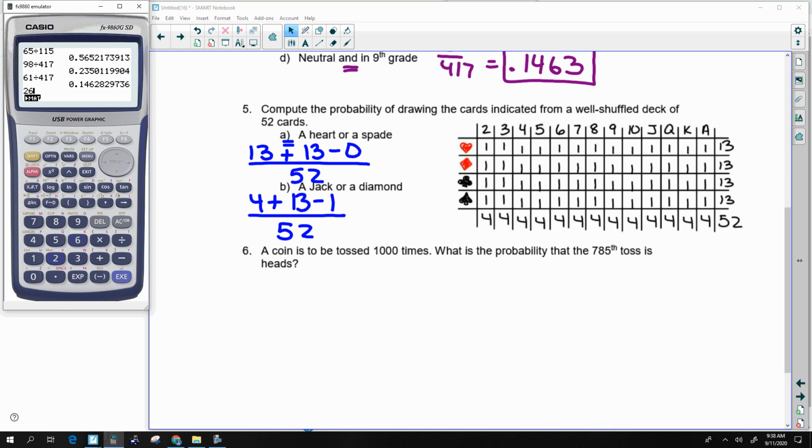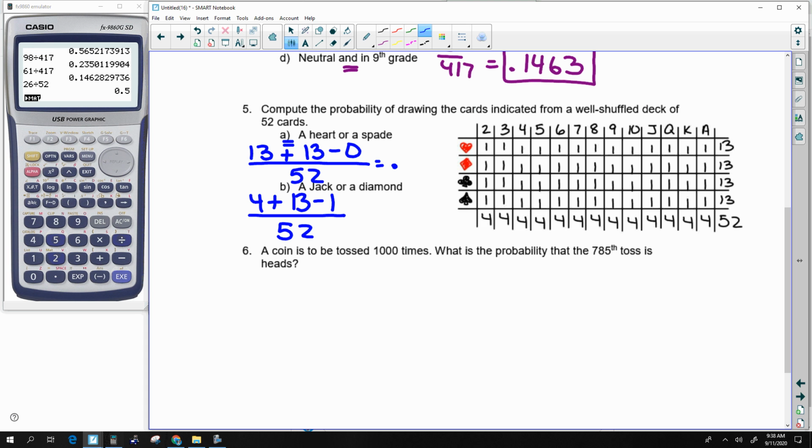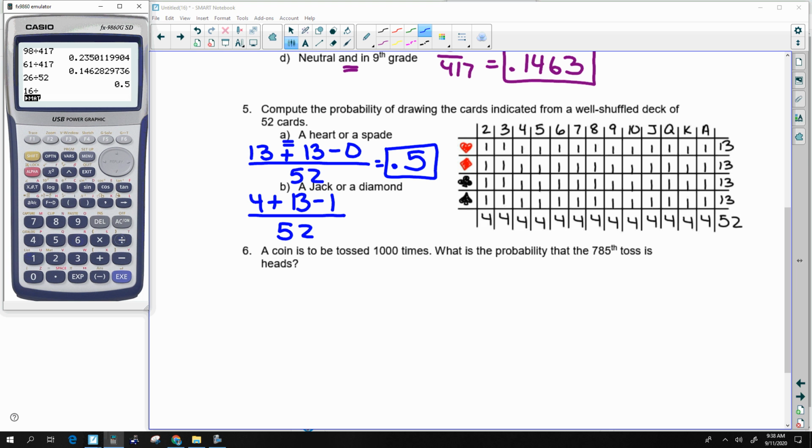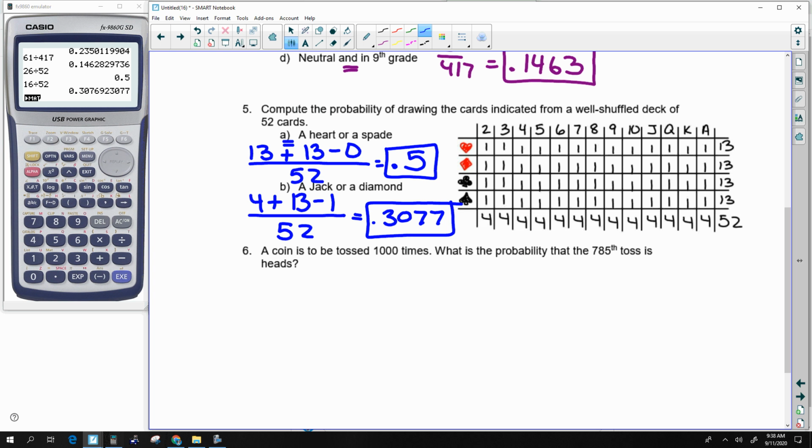All right, so the first one is 26 out of 52, that's 1/2. And then the second one is 16 out of 52. And the last one is the law of large numbers, so coin.